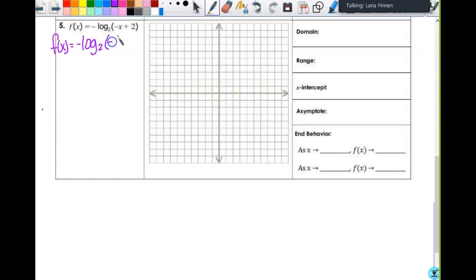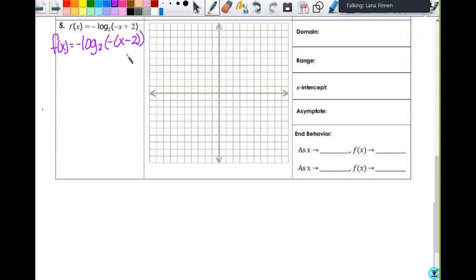I have to factor out that negative, so this gives me x minus 2 in here. So the only way you can look at that and know for sure which direction you're going, or even what the number is, is if the coefficient on the x is 1. That doesn't mean I factor the negative out of the whole thing. It just has to be factored out inside of there. Okay, so at first glance, it looks like it's going to the left, but we're really going to the right once I rewrite it.